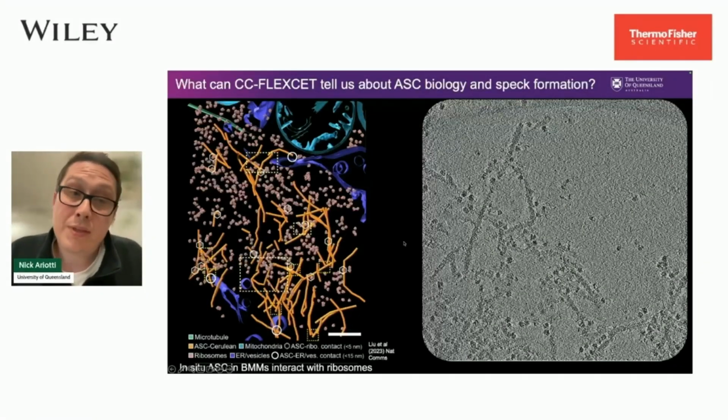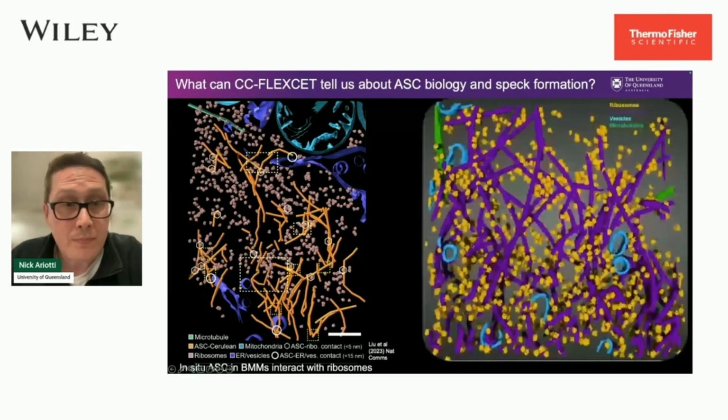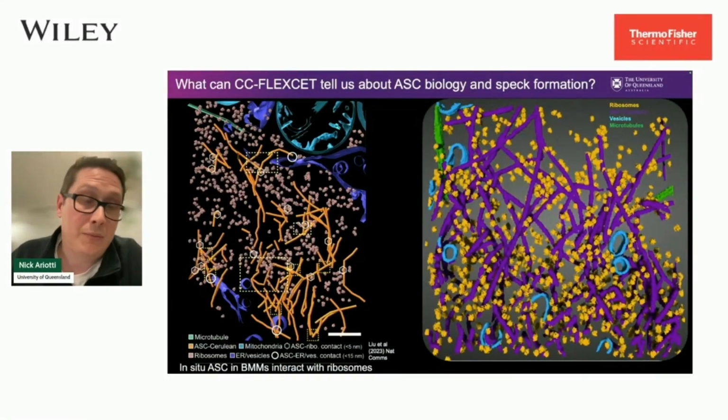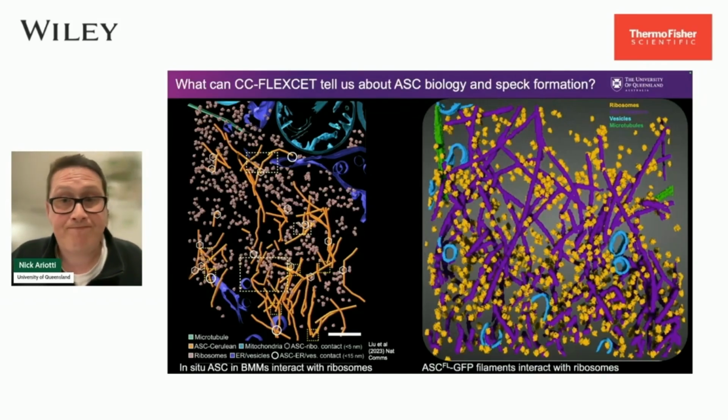When we look specifically at our ASC filaments in our cryotomograms, we can also see abundant ribosomal association with our filaments. As you can see here, we've also segmented that, and there is just an incredible abundance of ribosomes associating with our ASC filament. We actually think this is part of the reason why we can't get to a higher resolution for our structure of interest.